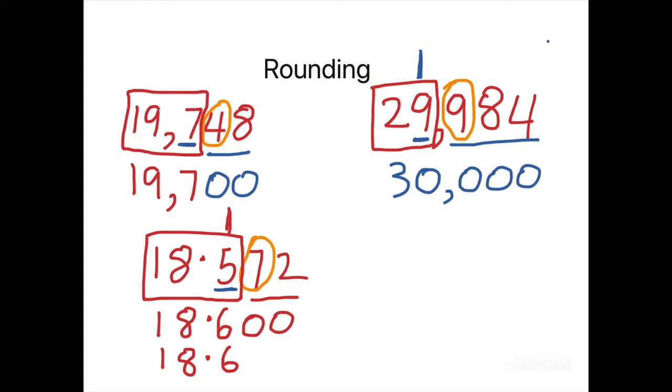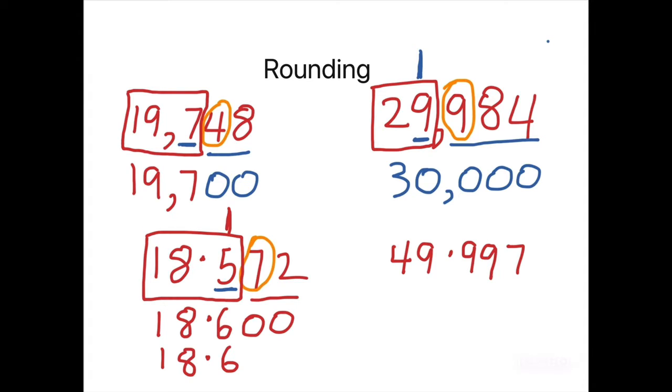Let's try one more example. Let's say we have 49.997 and we want to round to the nearest ones place.